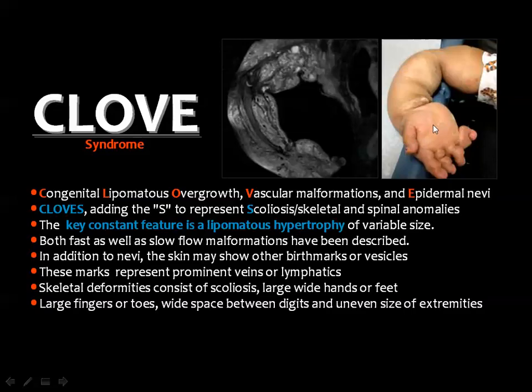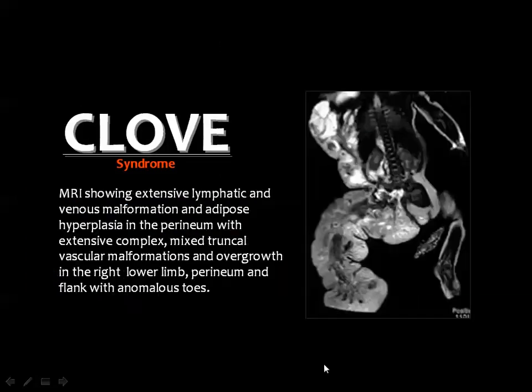You may also appreciate some pigmentations, but not similar to the Klippel-Trenaunay syndrome. The skeletal deformities are in the form of scoliosis and maybe large, wide hand and feet, as you can see, and you can see here.